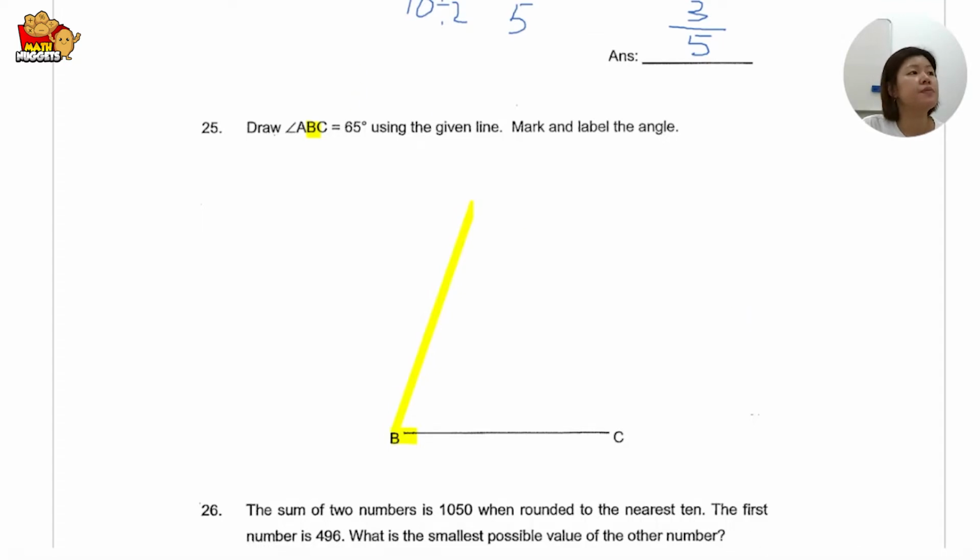Okay. This will be 65 degree. Make sure you name the degree and mark the angle in order to get the marks.